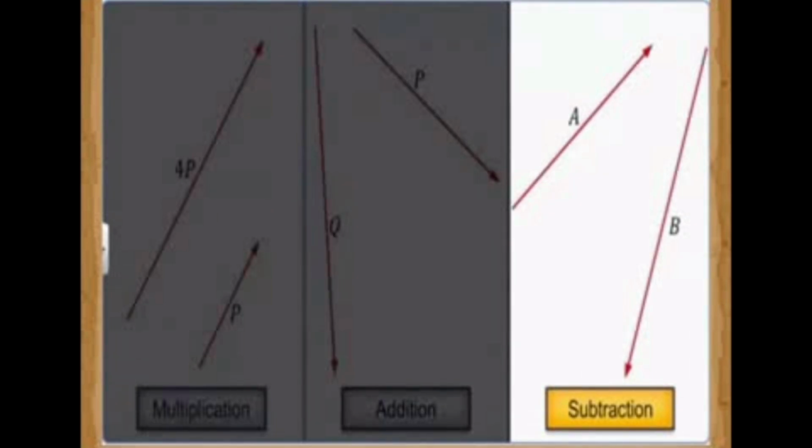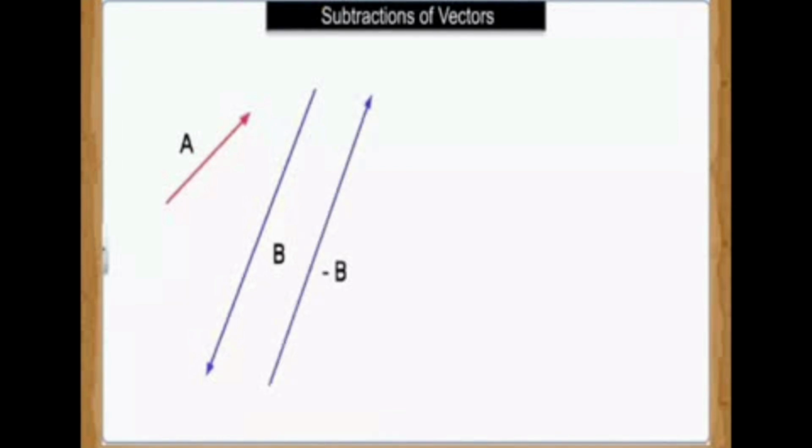So addition of the vectors and subtraction look like an ordinary algebraic calculation. You can do it like that. So now the subtraction of two vectors. You can see the two vectors, A vector and B vector. They are opposite in direction and magnitudes are different. The magnitude of the B vector is greater than the magnitude of A vector. See that the length is greater.